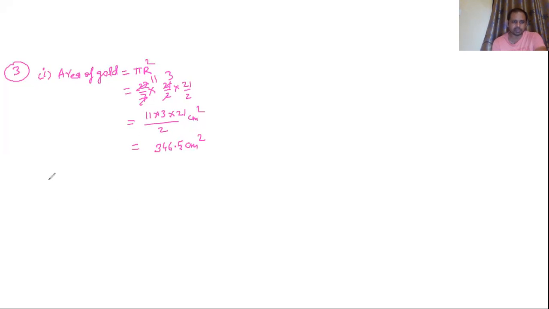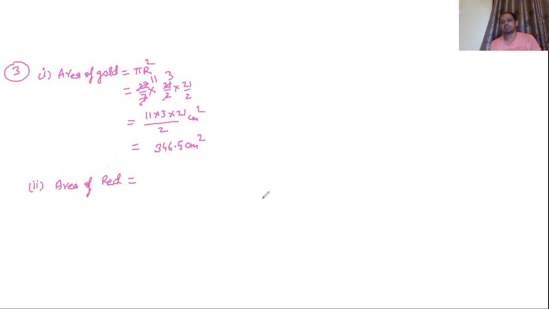Now moving to the next part, that is the second part, area of red. If we are talking about the area of red, it is very clear from the figure. There are two concentric circles. The radius of the inner one is 10.5.